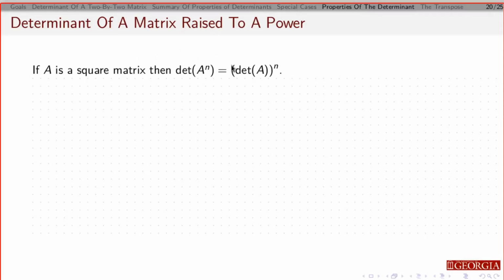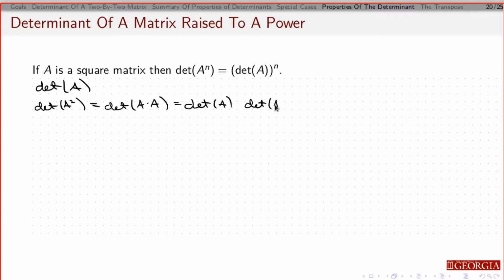Suppose I want the determinant of A to the n. So if I have the determinant of A, and then I look at the determinant of A squared, I can think of A squared as A times A. But from my previous property, this is the determinant of A times the determinant of A. So that's just the determinant of A quantity squared.